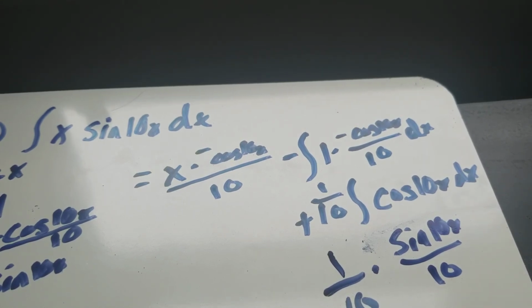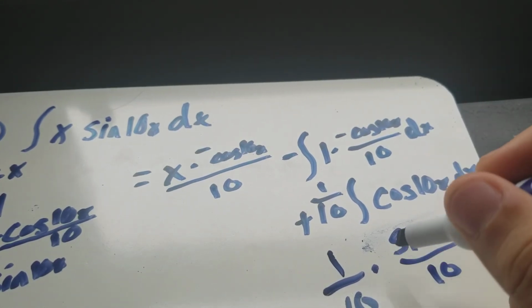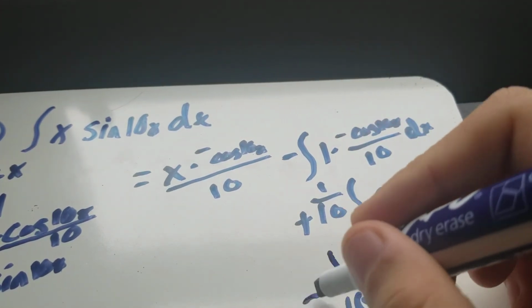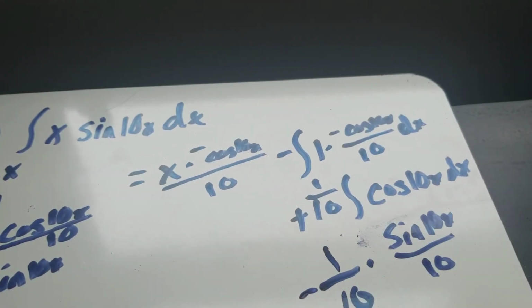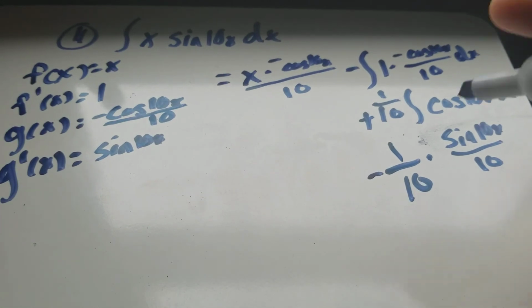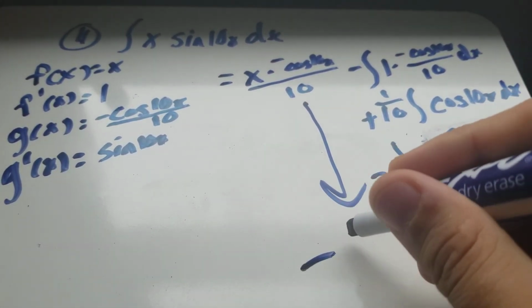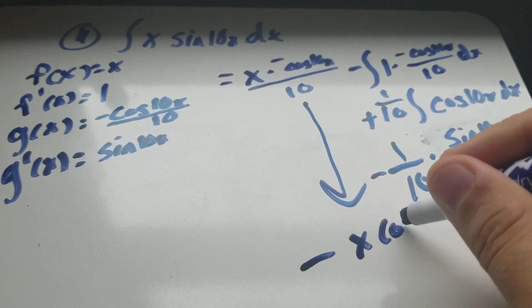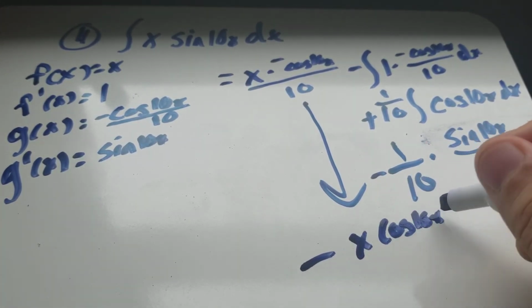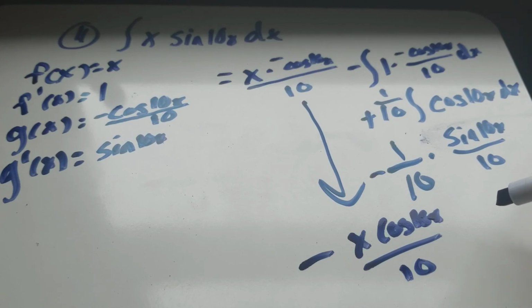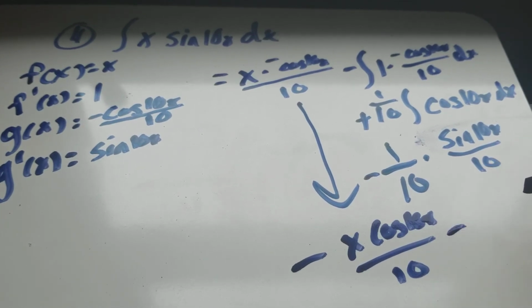And then we're just going to combine terms and put them all as one final answer. So our final answer, and this one just stayed the same, so it comes down here: negative x cosine 10x over 10. Minus, because we end up with a negative, I believe.